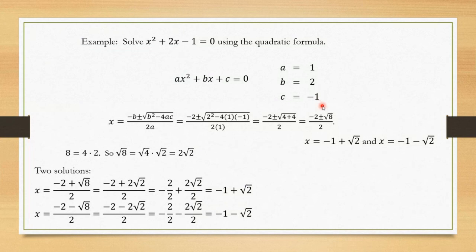Now we dive right into the quadratic formula. If I don't tell you which method to use, you can use either method you want. In this example, I'm saying use the quadratic formula.